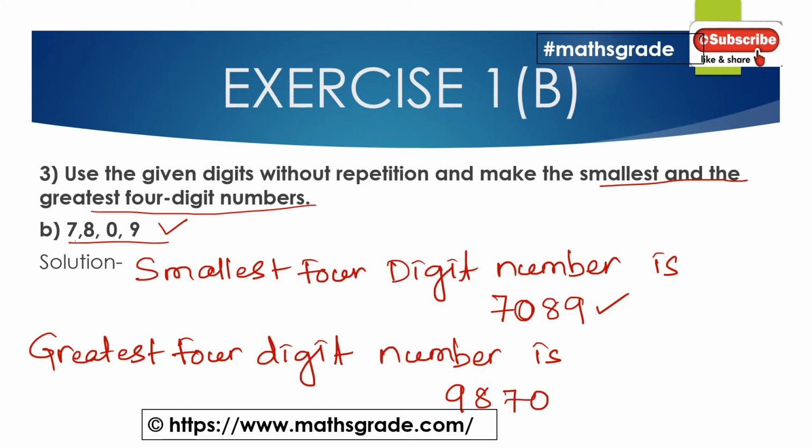So 9 at the thousand place, 8 at the hundred place, 7 at the tens place and 0 at the ones place. The number is 9870. This is the greatest 4-digit number. Without repetition, the smallest 4-digit number is 7089 and the greatest 4-digit number is 9870.